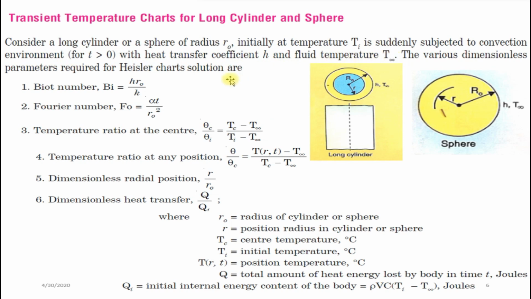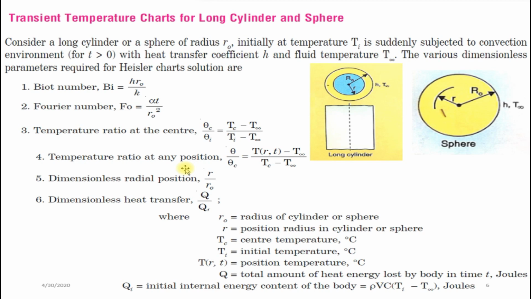The various dimensionless parameters required for the Heisler chart solution are below. The Biot number, I have already told, is hR0 by k, Fo is alpha t by R0 square, then the temperature ratio at the center. These equations are available in your data handbook. Based on the unknowns, you have to use the respective graphs to solve the problems.